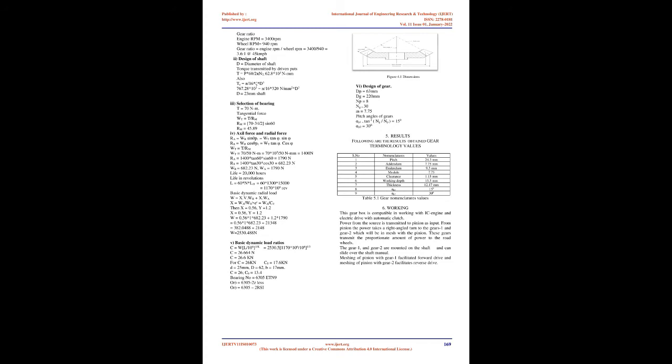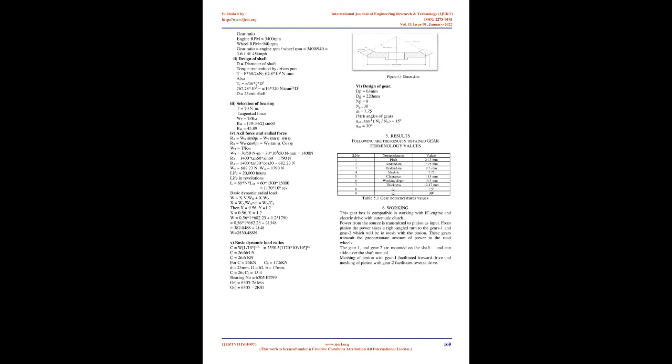3. Selection of bearing. T equals 70 Nm. Tangential force WT equals T slash RM. RM equals 70 minus 34 halves sin 60. RM equals 45.89. 4. Axial force and radial force.